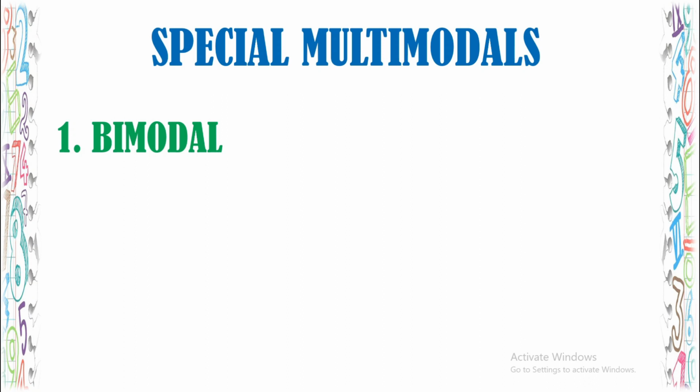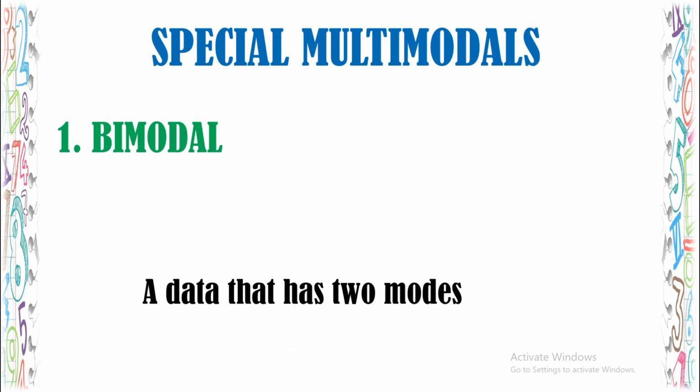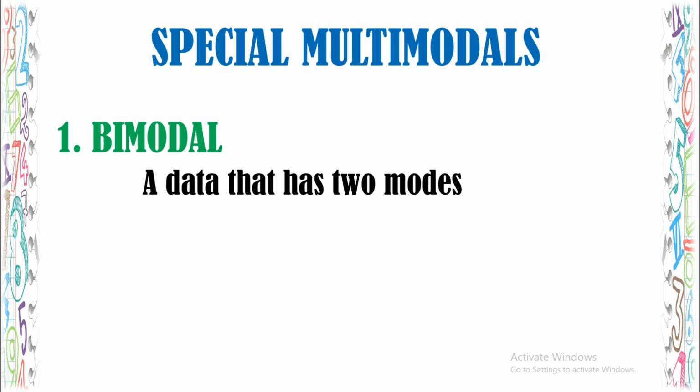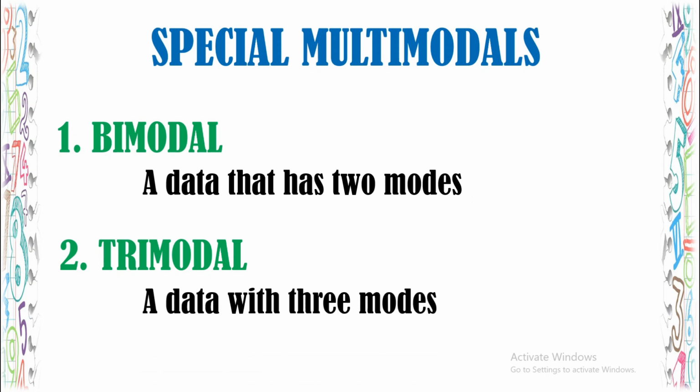Bi means two, therefore a bimodal is a data that has two modes. And the other special multimodal is the trimodal. Tri means three. So this is a data that has three modes.